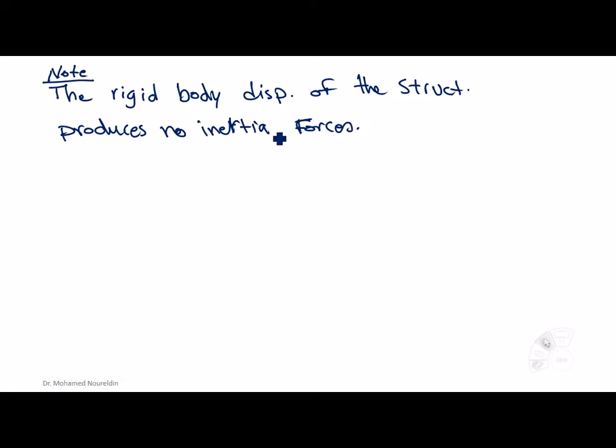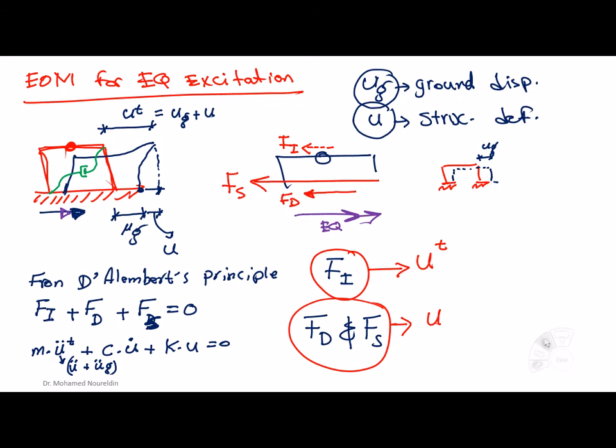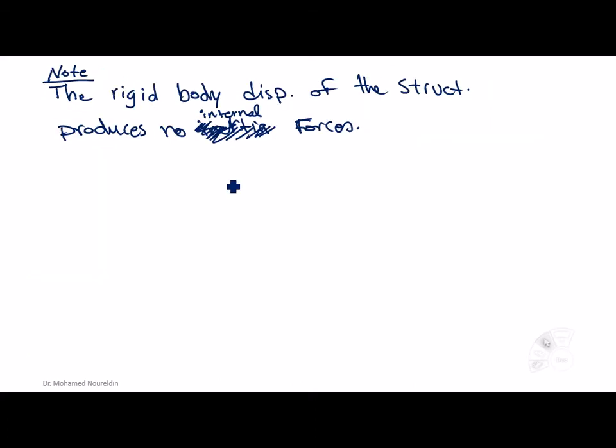Sorry, not inertia, it is internal forces. We're talking about internal forces here. So the rigid body displacement of the structure, as I have explained, produces no internal forces if the system is going to move rigidly like this. But if the system moves and makes some deformation, there is some resistance that would occur. That's the main difference.